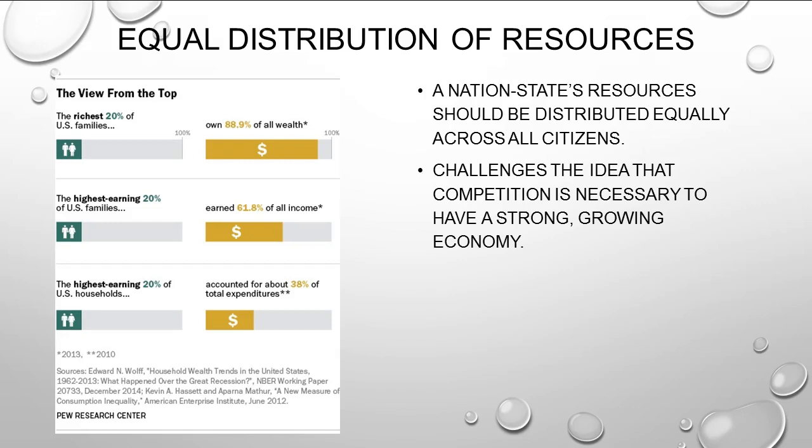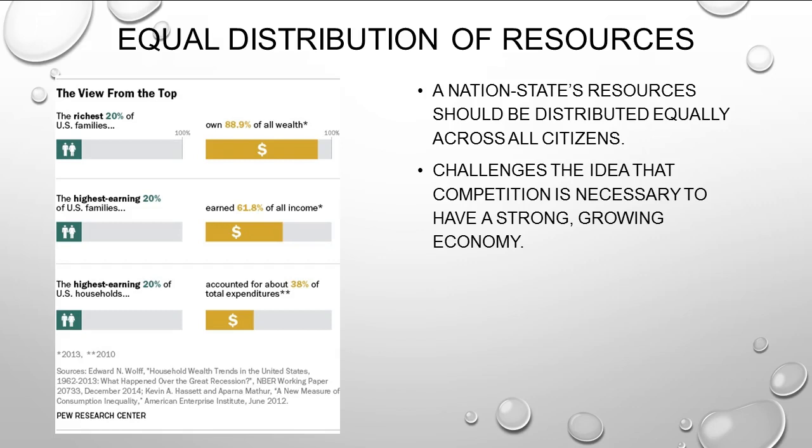So they're trying to challenge this idea that competition is necessary to have a strong, growing economy. You'll hear a lot of capitalists say that you need a little bit of inequality because it creates competition and an incentive for people to work. That assumes that people are not going to do what's needed to meet their needs and to survive, like making sure they have food and water, for example.